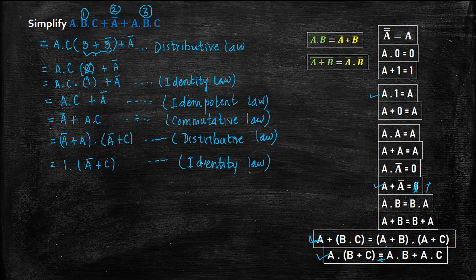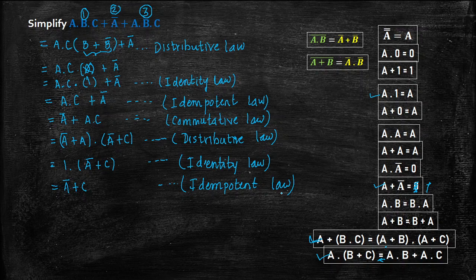And therefore, now the law which we have used, idempotent law. So the same is going to be used here also. The output will be A complement plus C. The law used is the idempotent law.